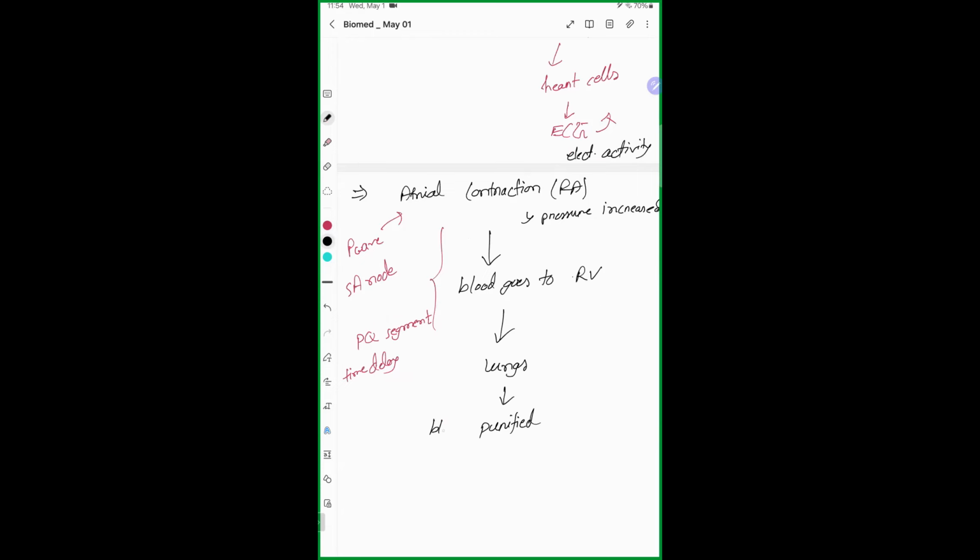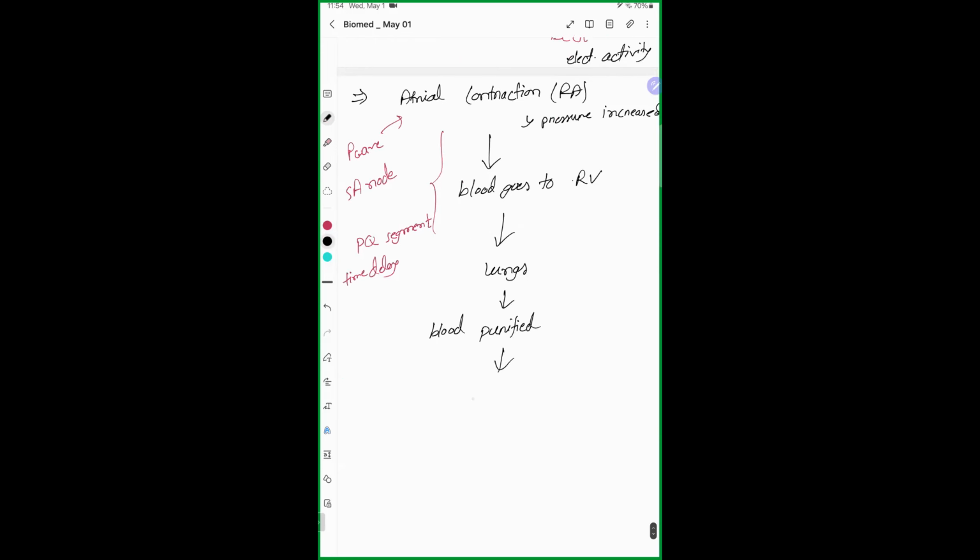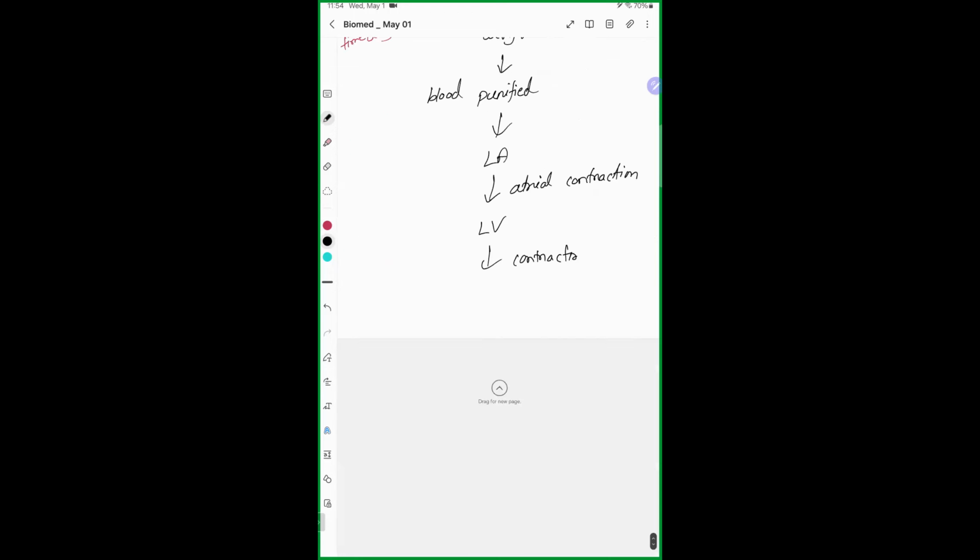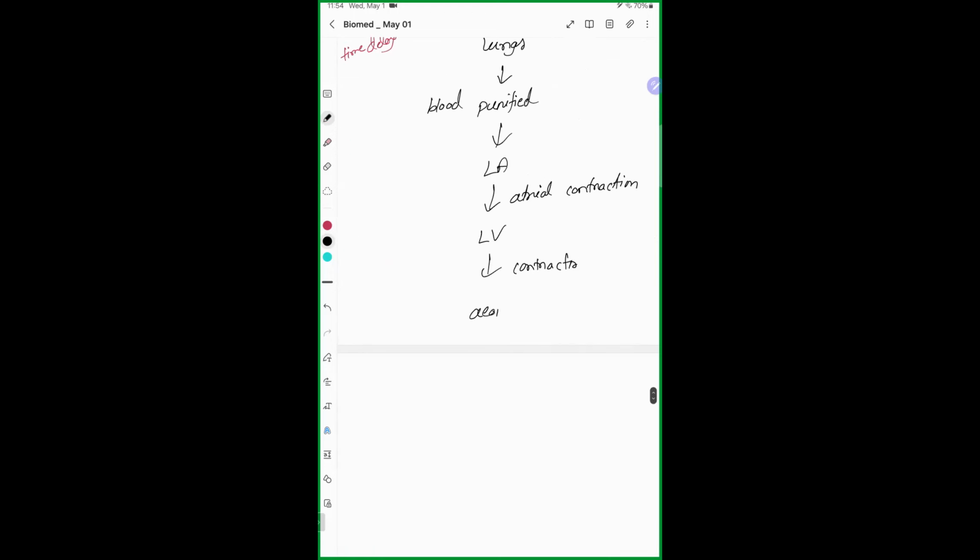From the lungs, it goes to the left atrium. Then there is atrial contraction again, and from the left atrium it goes to the left ventricle. The left ventricle contracts, and from the left ventricle blood goes to the aorta, and from the aorta to the body.